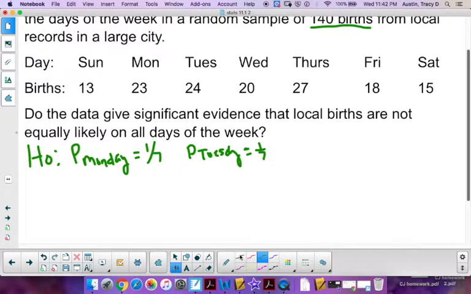If you're going to do this in words, then it would be that the distribution is as stated.